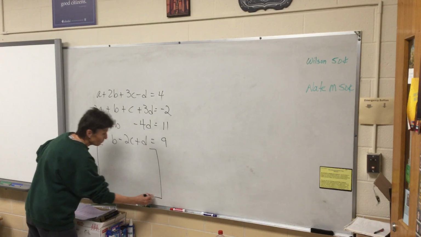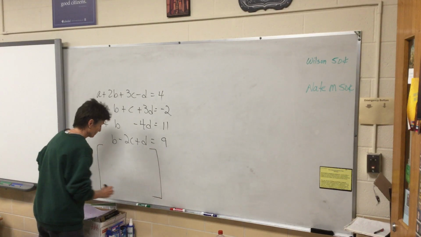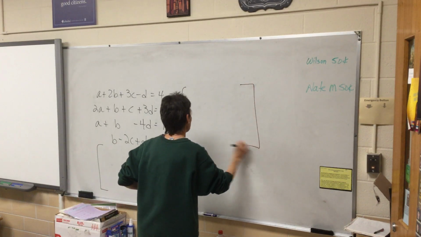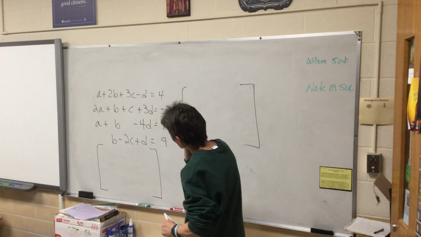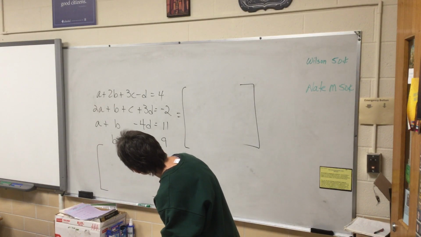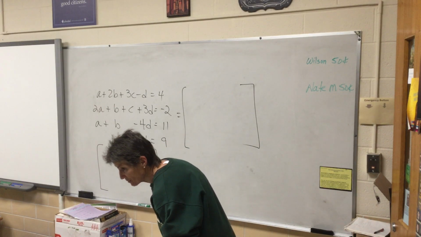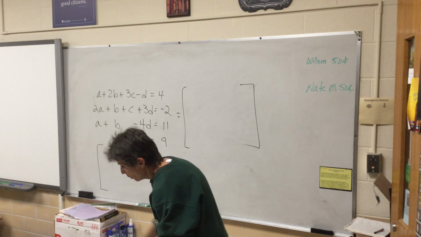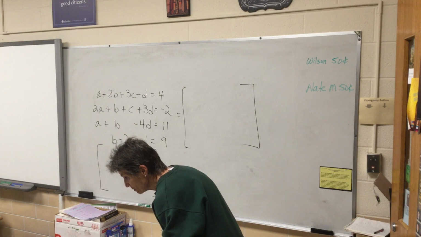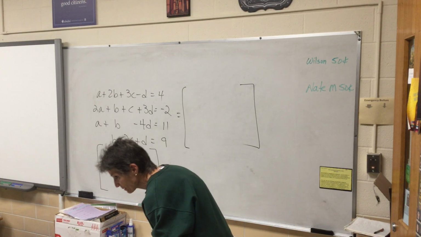And the matrix that we put in, maybe I should write it up here. The matrix that we put in is simply all of those numbers. Now, you notice in those bottom two equations, there are things missing. When there are things missing, we need to put in zeros. Does everybody remember that?